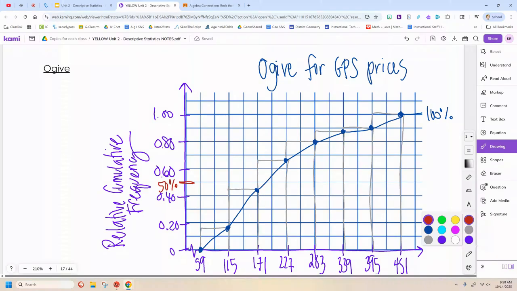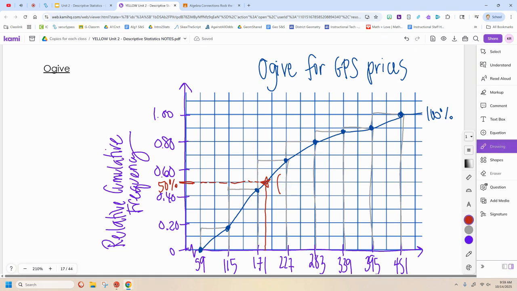Like, 50% of my GPSs are below or above what value? So even though this is not 100% exact, as we go across and hit the ogive here, we could go down and estimate that 50% of our GPSs are approximately under $180, $185. So at this point, that's 50%.